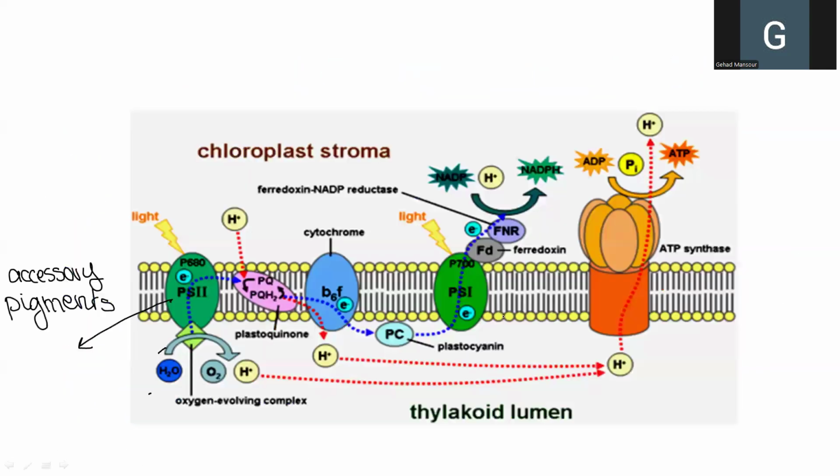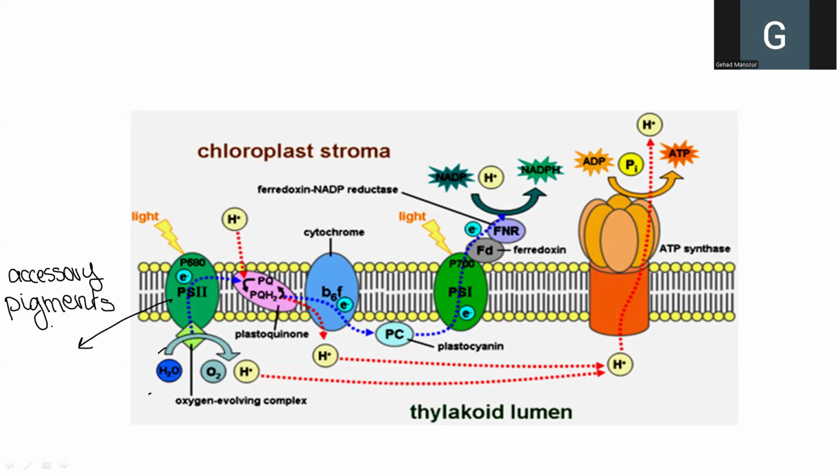Is this important? Yes, because the presence of the accessory pigments allows the photosystem to absorb wavelengths of different values. And this broadens the spectrum of energy that the reaction center can absorb. Why?